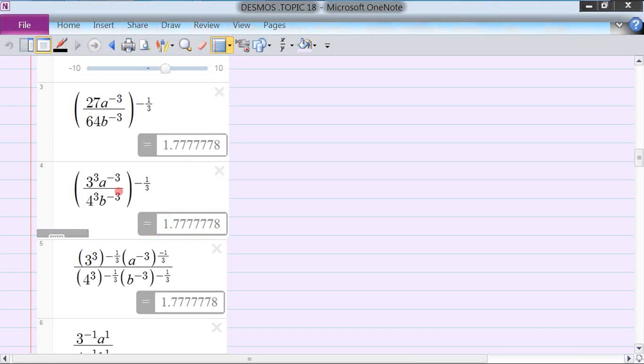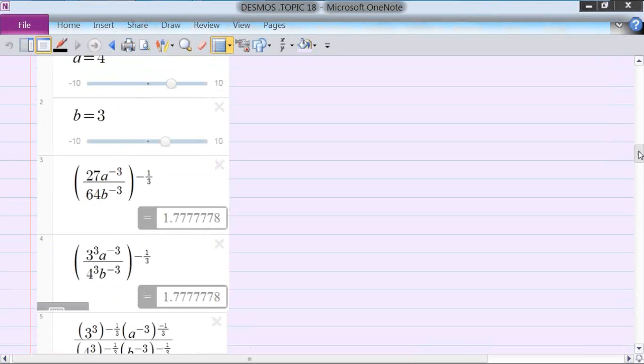Now I go to the next step. I'm going to take 3 cubed. This I've got 4 cubed. Now I'm going to apply the power rule right over here.